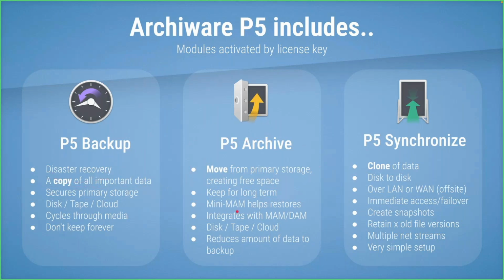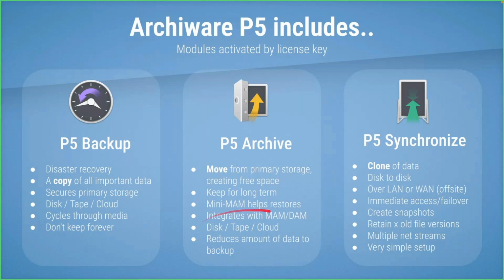Whereas archive is more of a media and entertainment focused thing, where rather than copying, you're generally moving data from primary storage to create free space. So think of completed project folders that are using a lot of space, but you don't need them on your storage. P5 Archive is there to handle that workflow for you, and it intends to keep that data for the long term by using tape and cloud storage, which is the storage which kind of lasts forever versus disks which don't tend to.